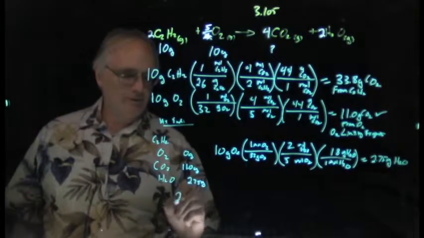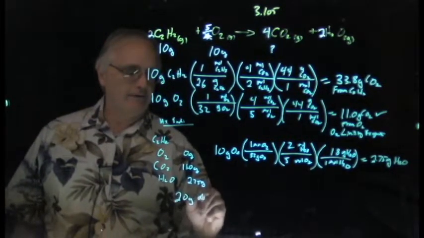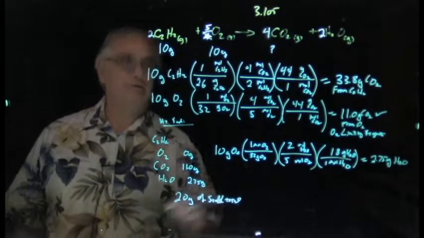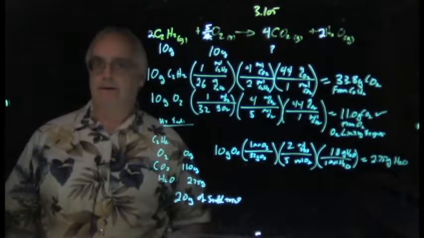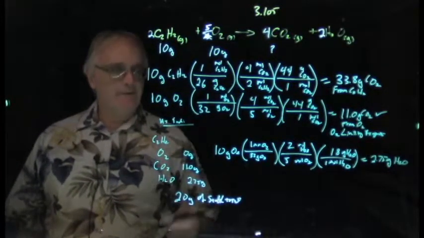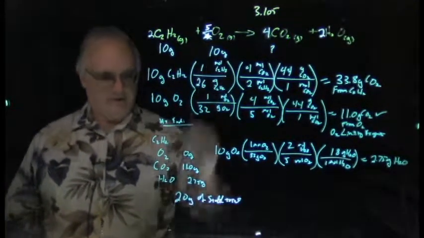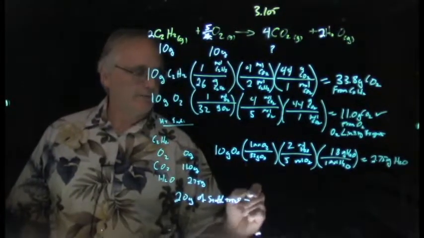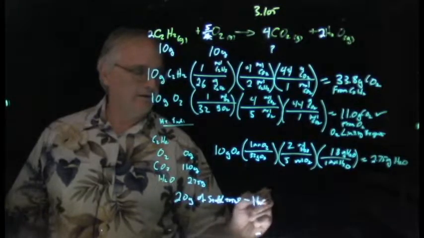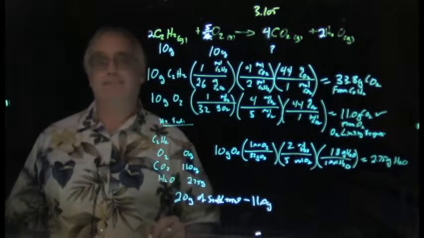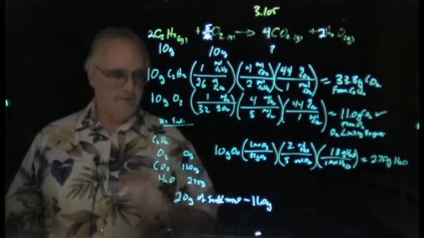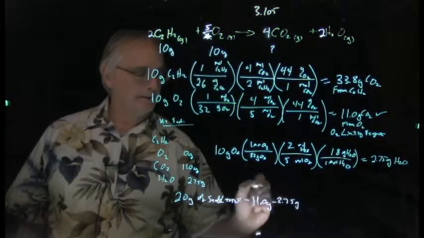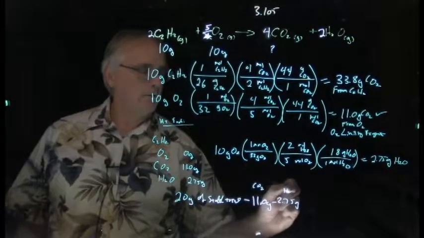Okay? So we have 20 grams of stuff total. And that's true at the beginning and at the end. Now, of those 20 grams, we subtract off how much oxygen is still in there. None, so that's pretty easy. We subtract off how much of this stuff is grams of carbon dioxide. Okay? That's pretty easy. We already have that down. We subtract off how much of it is the water. I'll just label that CO2, water.